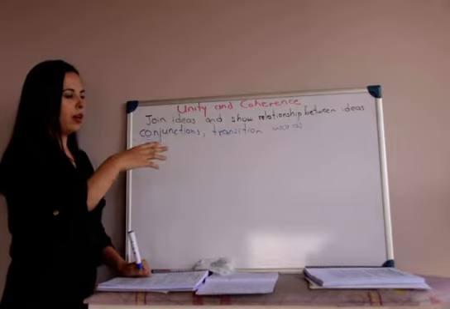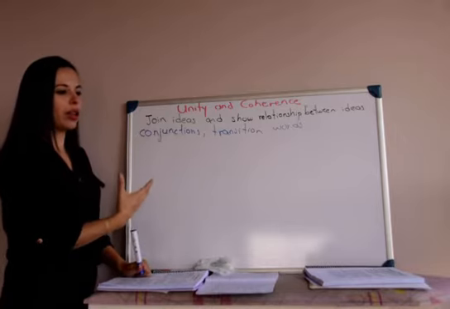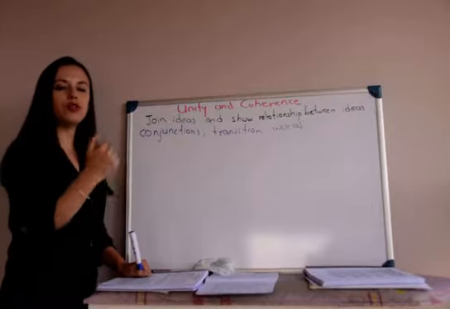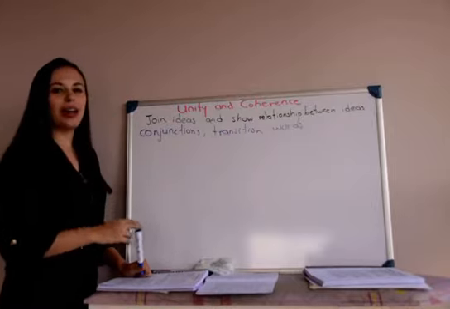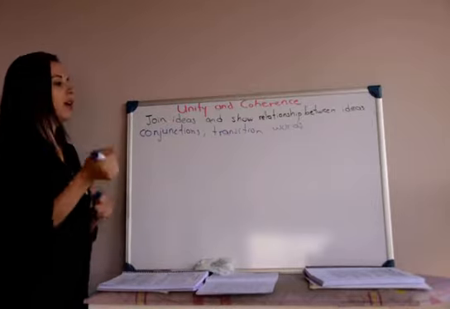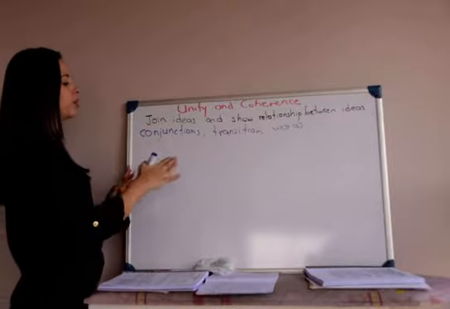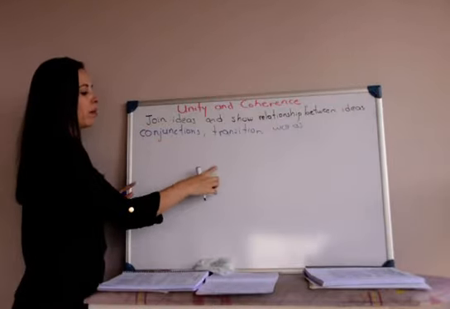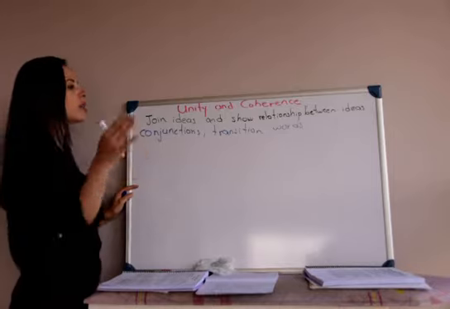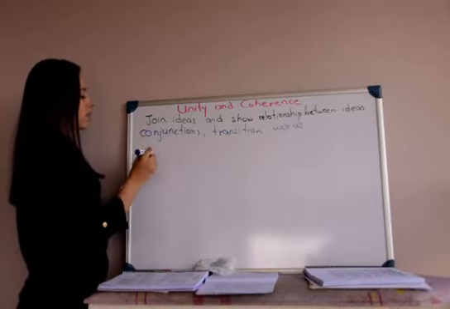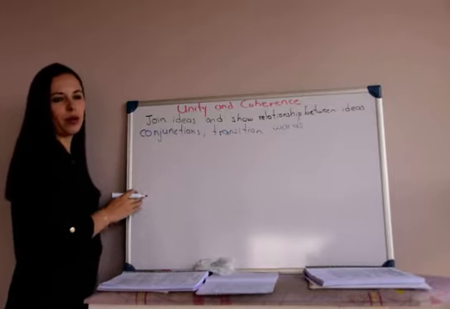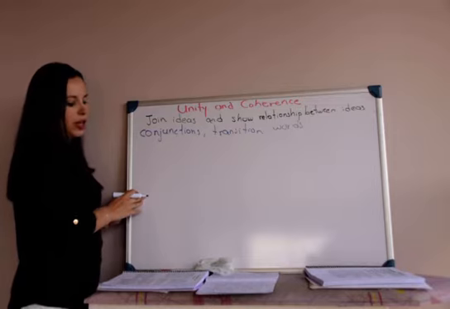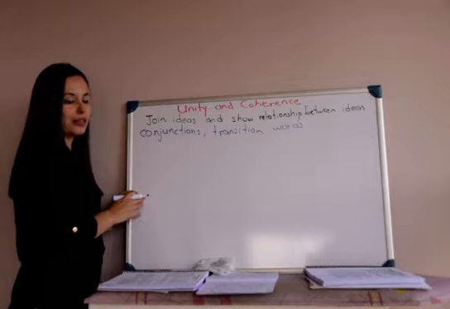So I'm going to write an example for you to know that whenever you are writing, you need to join ideas. You need to have coherence in all your paper. It doesn't matter if it is only one paragraph or if it is a very long text, you need to have unity and coherence. So I'm going to use the example that we were working with last class about the online classes.